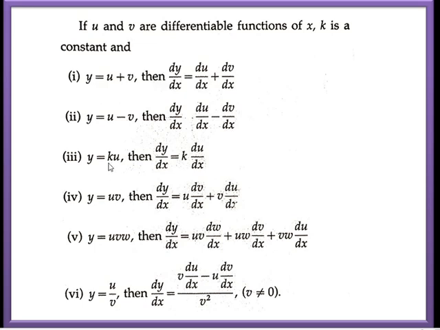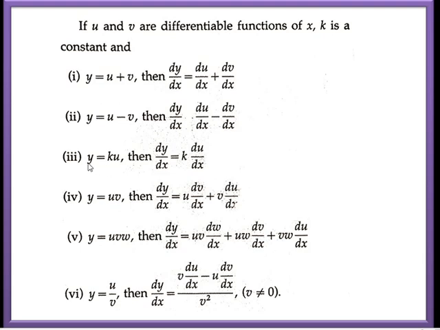Now the third one is corollary of this. If one of the two functions is constant, say k, then what is y equal to ku? It is basically, as per product rule, first function k into du/dx plus second function u into derivative of k. Derivative of any constant is 0, and that is why it is not written.